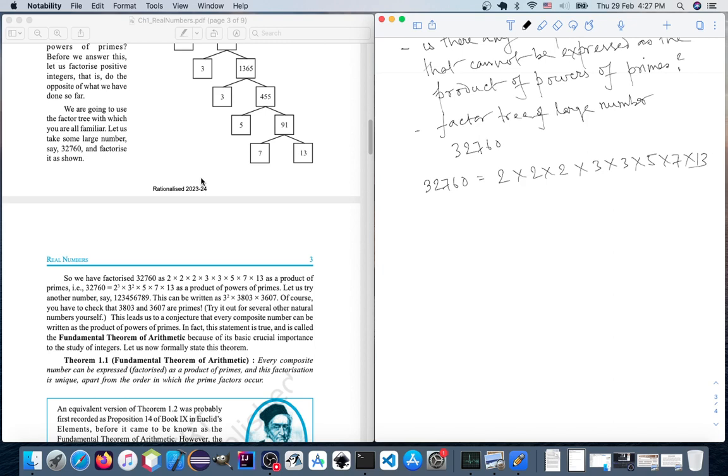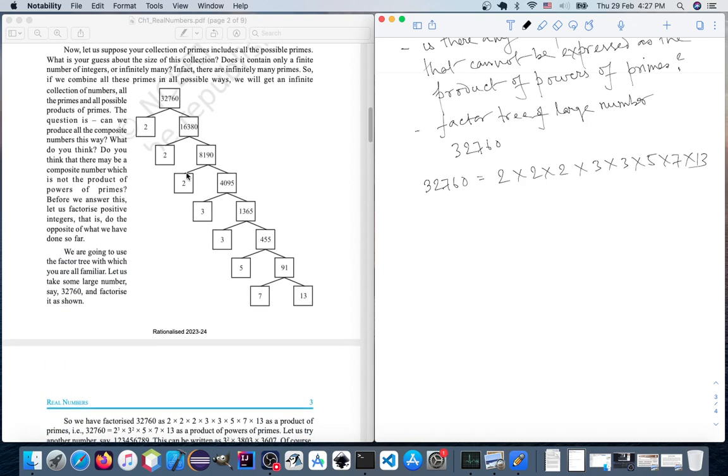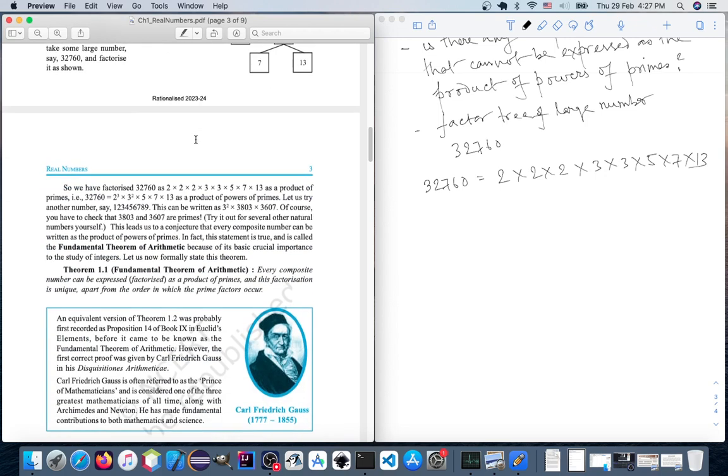From the factor tree, we have the factors 2, 2, 2, 3, 3, 5, 7 and 13, and all of these are prime factors.